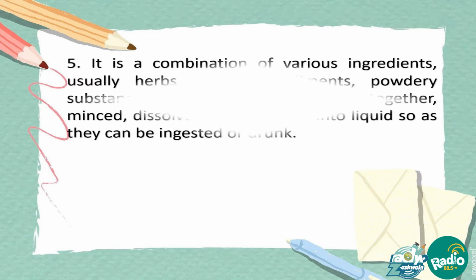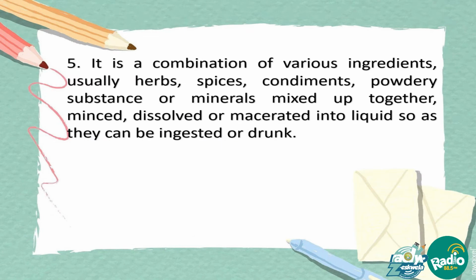Number 5. It is a combination of various ingredients, usually herbs, spices, condiments, powdery substances or minerals mixed up together, dissolved or macerated into liquid so they can be ingested or drunk.